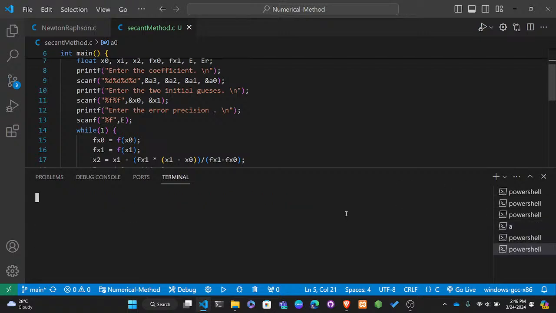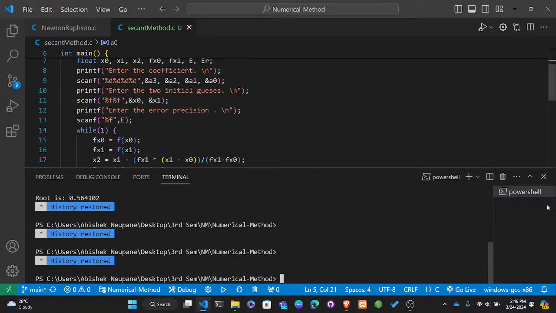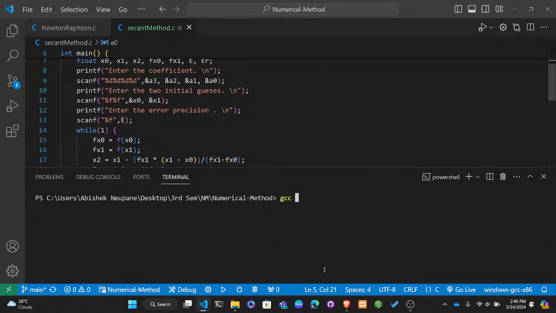Let's run this. Let's close all of this. Let's clear. GCC secant. 0, and what is the other one?